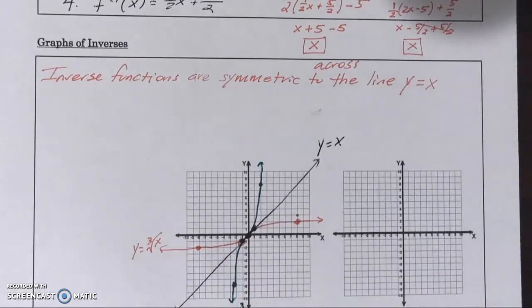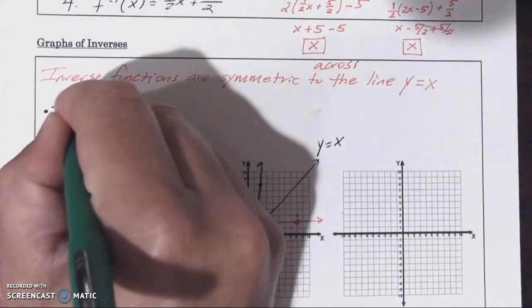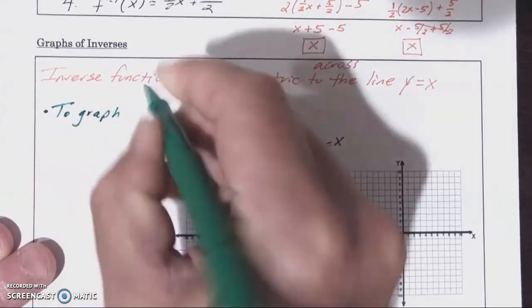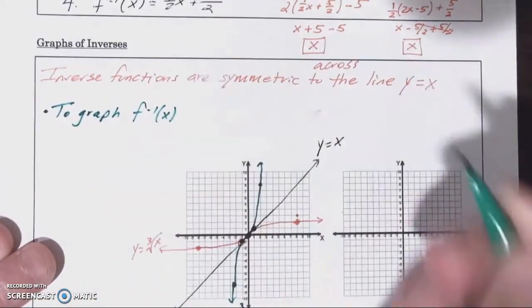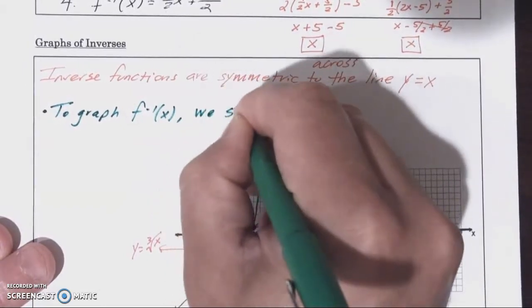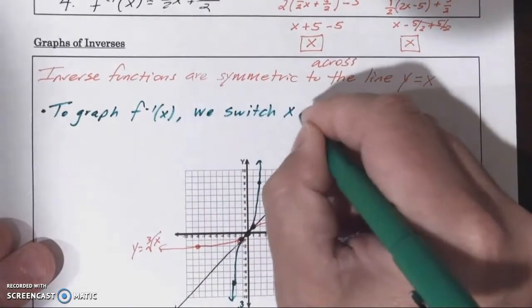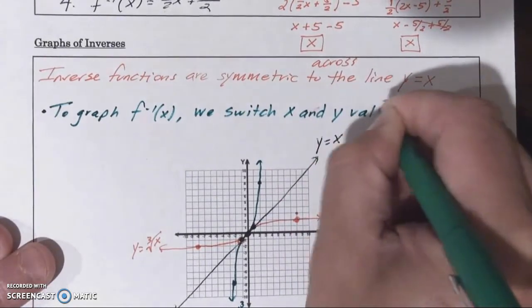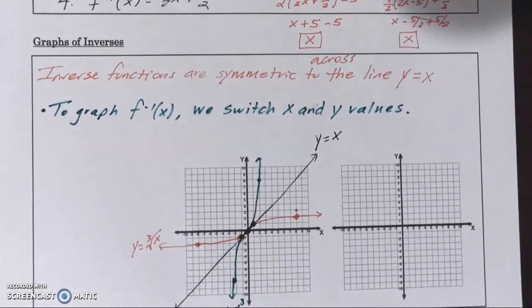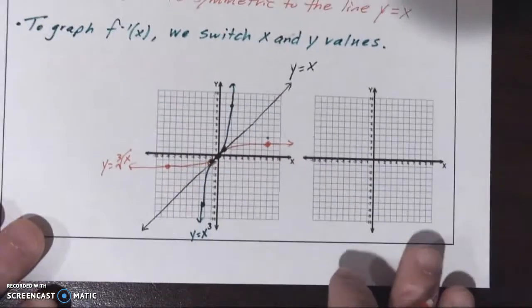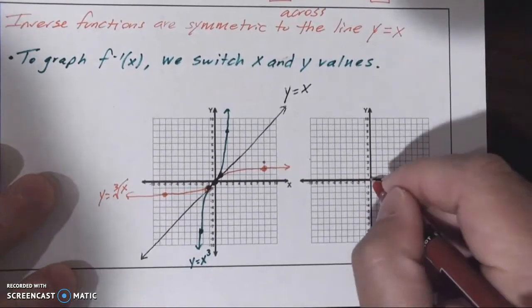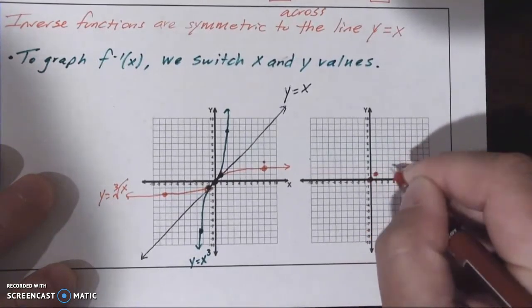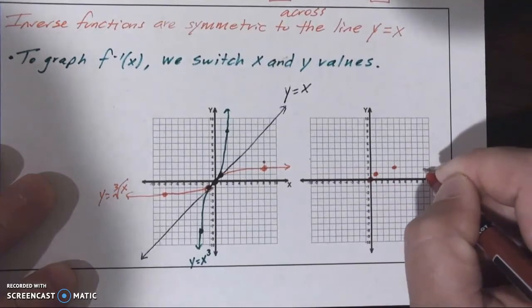All right. So if inverse functions are symmetric to the line y equals x, then to graph an inverse of a function, we switch x and y values. So maybe we'll do the graph of the square root of x. 0, 0, 1, 1, 4, 2, 9, 3.